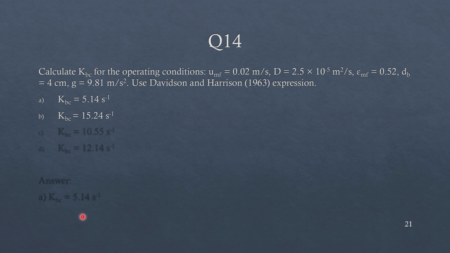So in the previous problem we saw what is the unit of KBC, or the interchange coefficient, which is given as 1 per second. So here we are utilizing it. Option B, it is 15.24 per second. Option C, it is 10.55 per second. Option D, it is 12.14 per second.